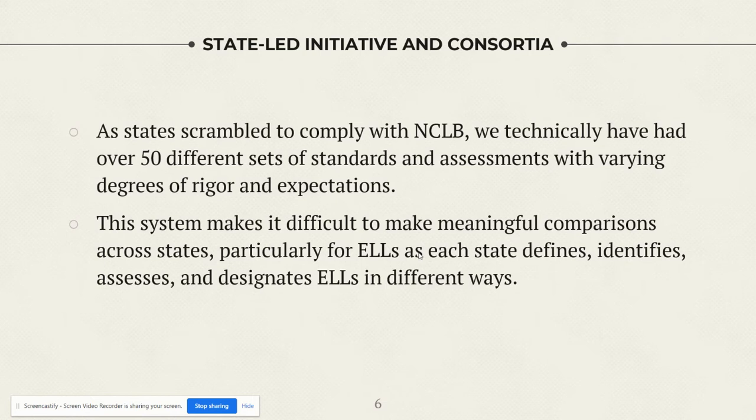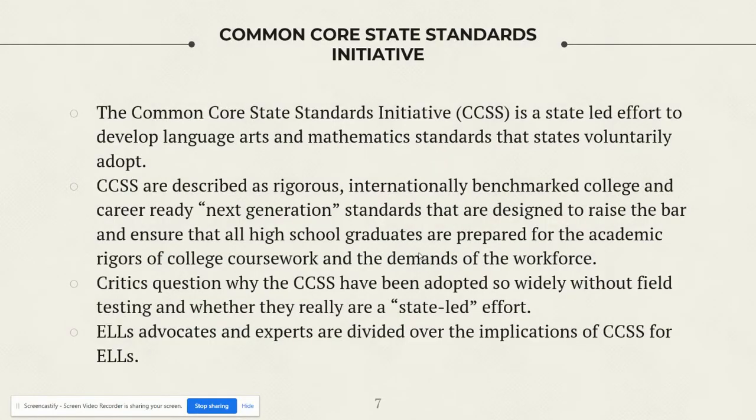And there's a lot of research out there. Like if a student is proficient in English in Pennsylvania, does that transfer? Does that really mean that they're proficient in another state if they were to move? Because these tests can be so different. Particularly for ELs, as each state defines, identifies, assesses, and designates them in different ways.